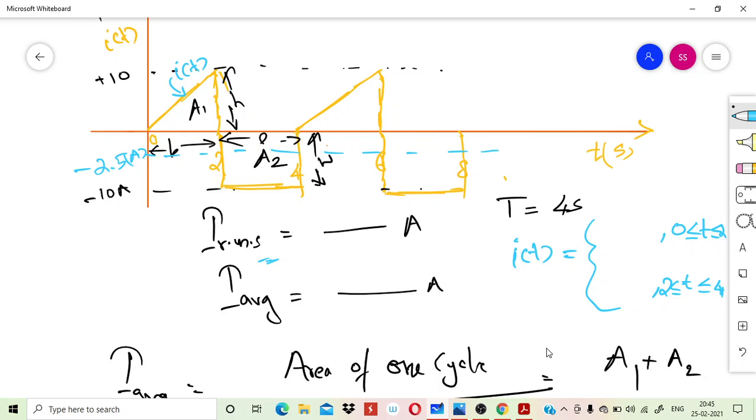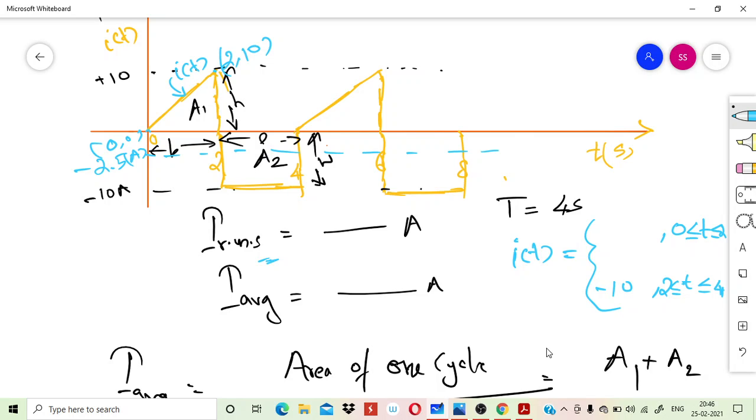From 2 to 4, it is very clear that it is minus 10. Now from 0 to 2, I have a linear function, a straight line. (0, 0) is its first point, and I have (2, 10) as my second point.